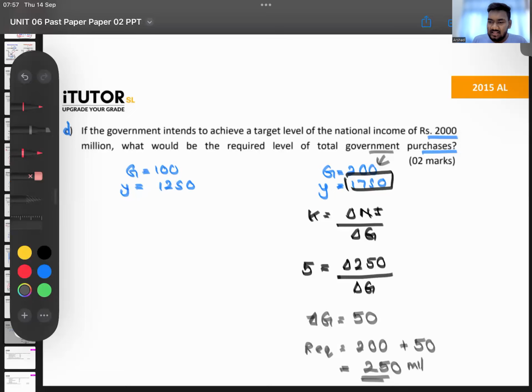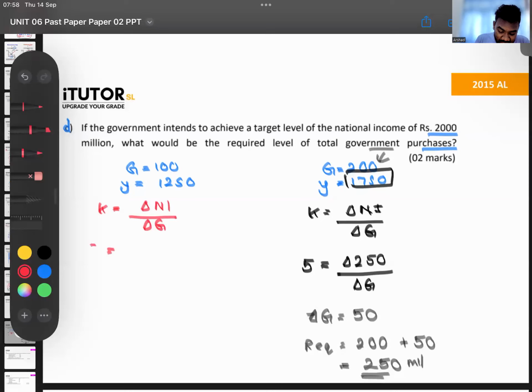Even if you start with the other point, let me show you this. Let's say you start with 1250. Remember, same equation, K is equal to change in national income divided by change in government spending. Now, from 1250 to go to 2000, how much of a change in national income do we want?